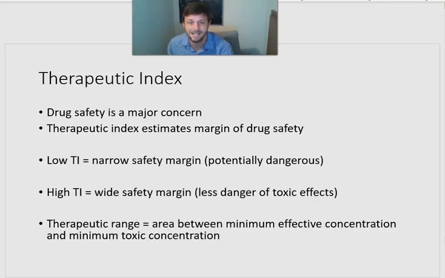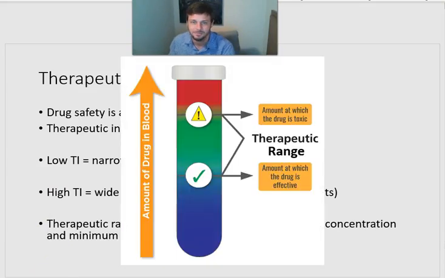If it has a high TI, well, that means it has a wide safety margin. It has less danger of toxic effects. You can take a lot of this drug where you are meeting the minimum effective concentration and not exceeding the minimum toxic concentration. And so it has a really wide therapeutic range.